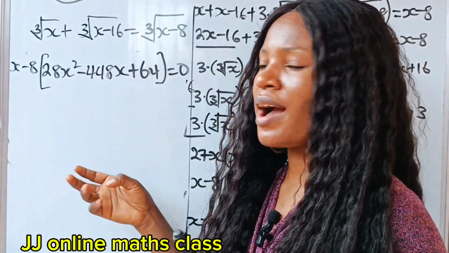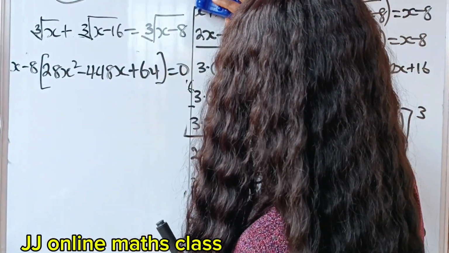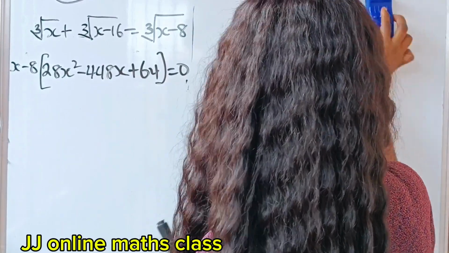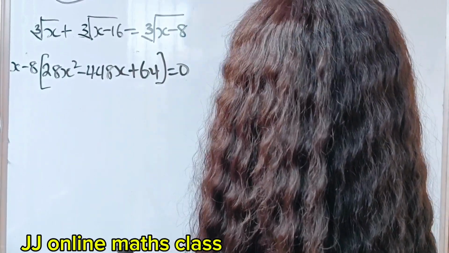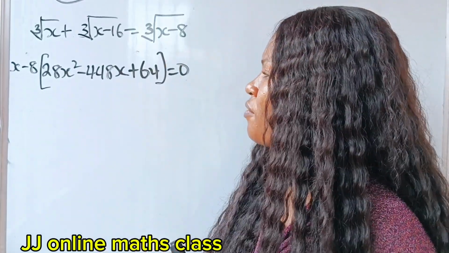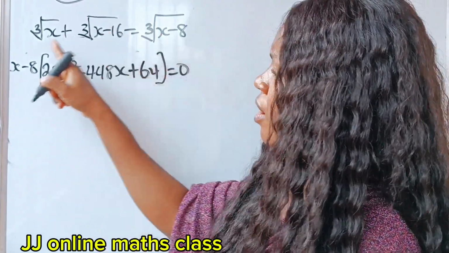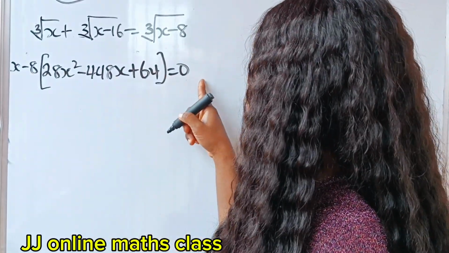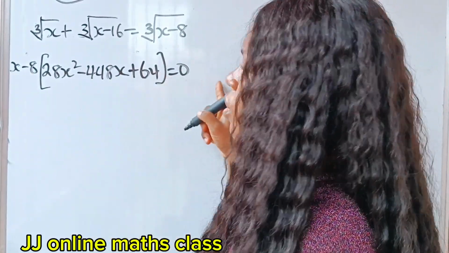Now this is what we have. So this is a quadratic equation, right? And x minus 8 is equal to 0, or this is equal to 0.